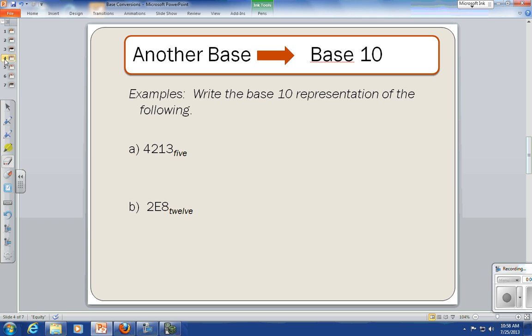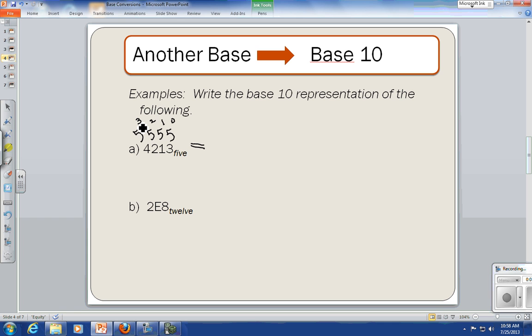Okay, so if you expand 4213 base 5, we have in base 5, 3 has a positional value of 5 to the 0, 1 has a positional value of 5 to the first, 2 has a positional value of 5 squared, and 4 has a positional value of 5 cubed.